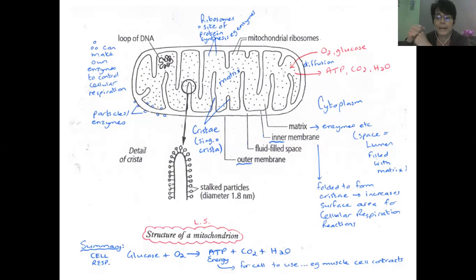For example, a muscle cell contracts, etc. There are many different reasons why your cells need to make energy. But in reality, it's not just one simple reaction like this. There are about 80 different reactions that occur, some in the cytoplasm, some in the matrix, and some of them across the membranes, which you're going to learn about in grade 11.